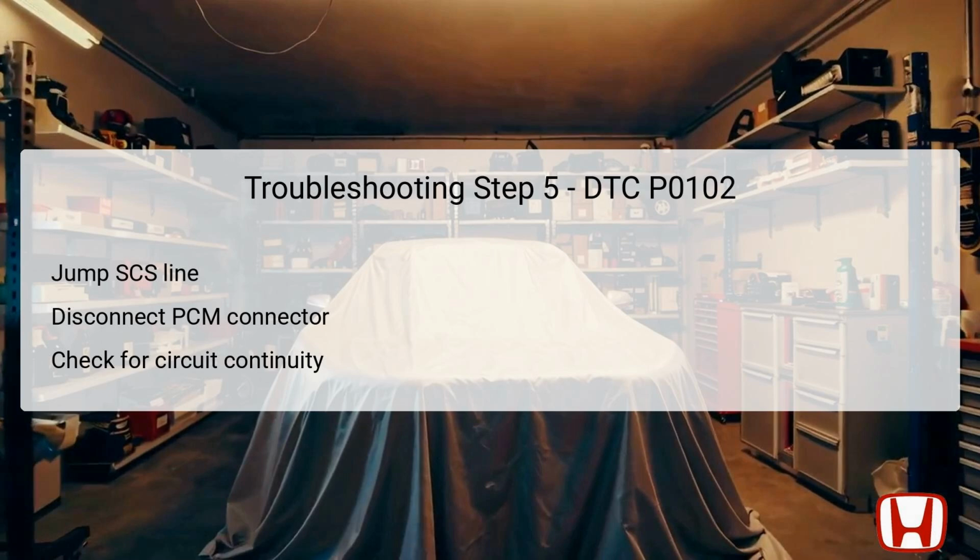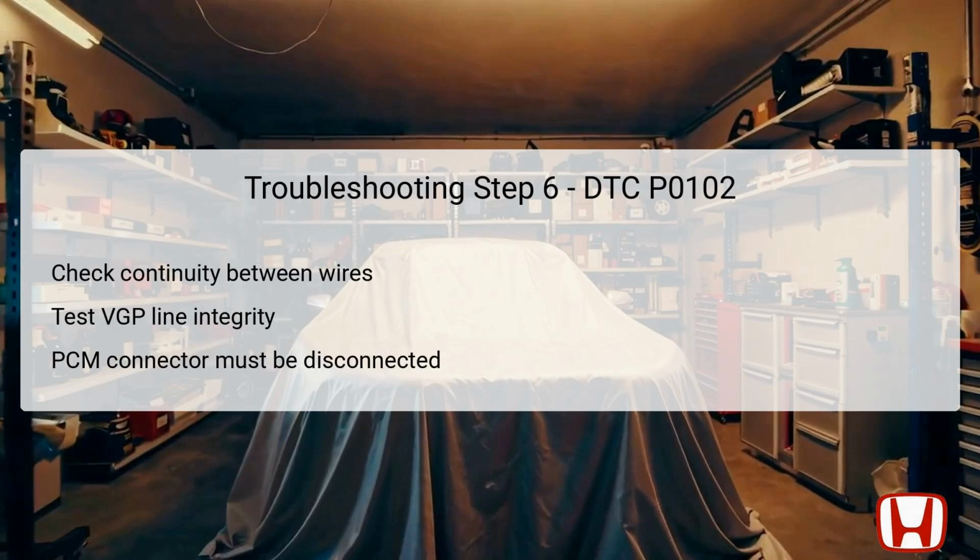If continuity does not exist, you may rule out short issues on the VGP line and proceed to the next investigation step. The 6th step requires a continuity check amongst various connections with the vehicle off. Ensure both the MAF sensor, IAT sensor connector, and the PCM connector B51P are disconnected.